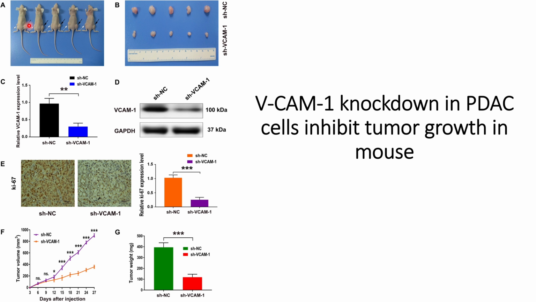So the black arrow represents the subcutaneous injection of the shNC, where the VCAM levels are expressed normally in the pancreatic cancer cell lines, whereas the white arrow indicates the subcutaneous injection of the pancreatic cancer cells with the silencing VCAM-1 RNA, where the VCAMs have been silenced or inhibited.